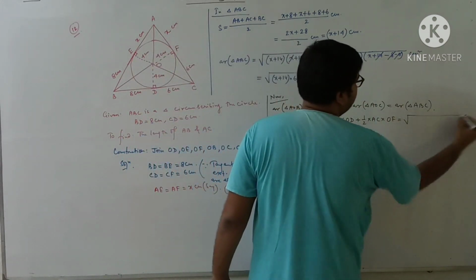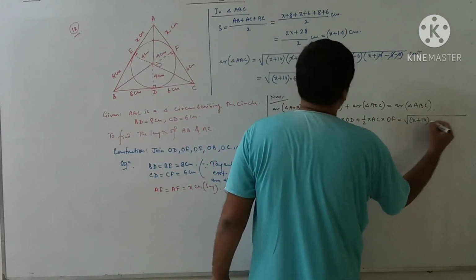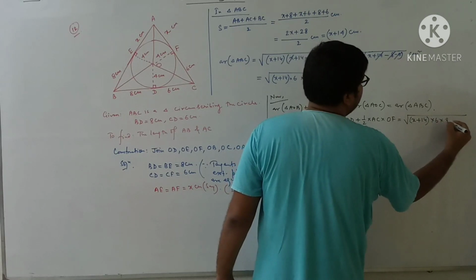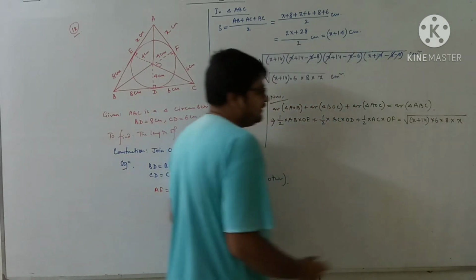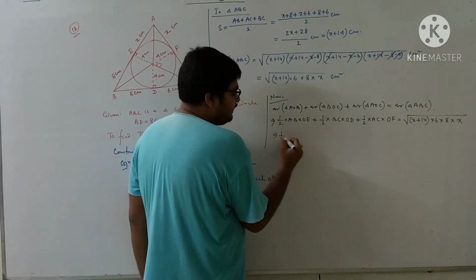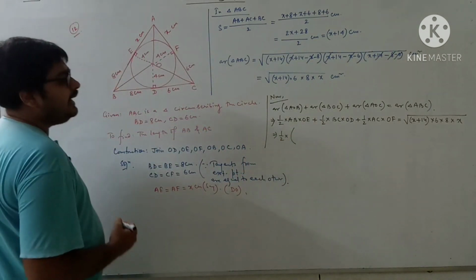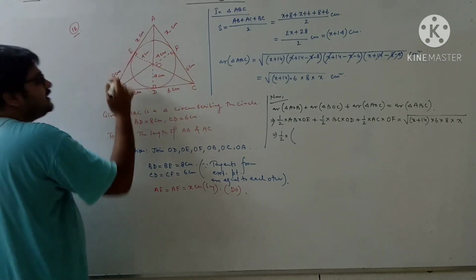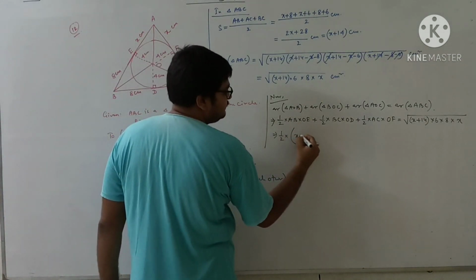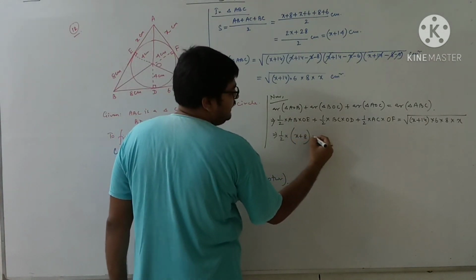Now we are putting these values. Half we can take common. AB means x plus 8 into OE means 4.